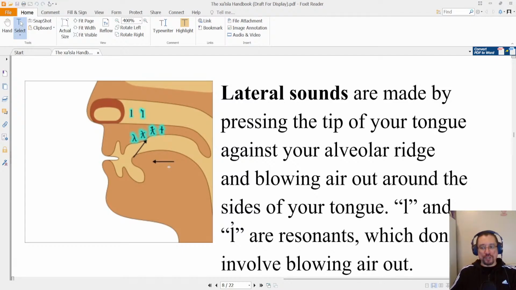But if for whatever reason, it's not comfortable for you to have the air going around both sides of your tongue, you can turn your tongue one way or another to direct it around to one side of your mouth. So you can turn it and kind of blow the air out of your right side of your mouth. Or you can turn your tongue and direct the air out of your left side.